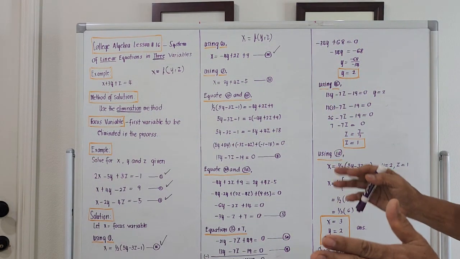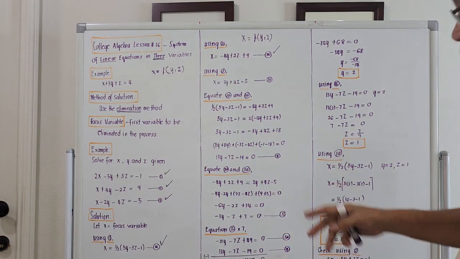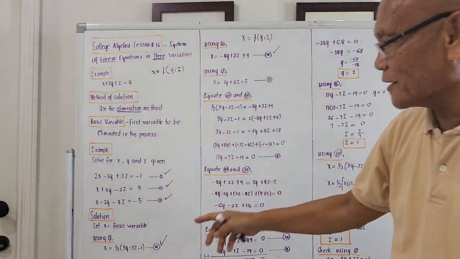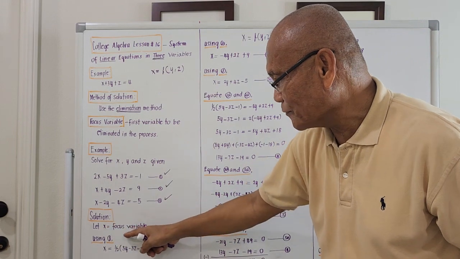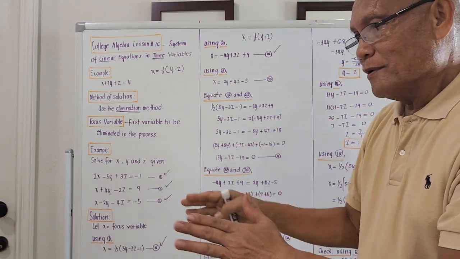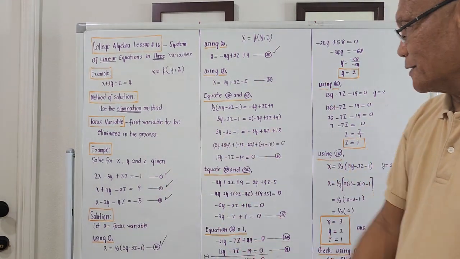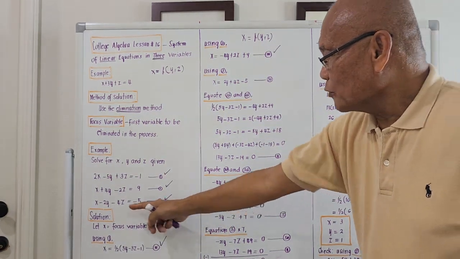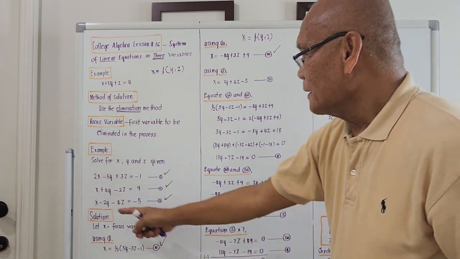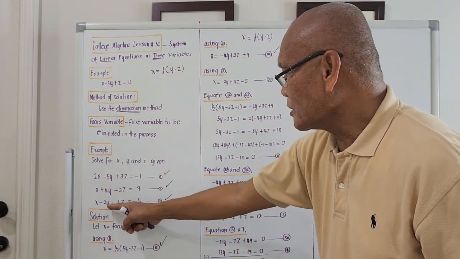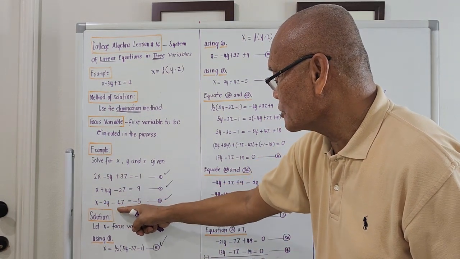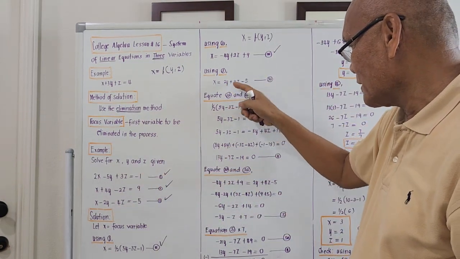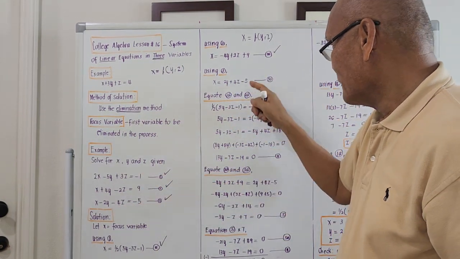So the one we are eliminating actually is x. That's why I put it here. We will put x to be equal to the focus variable, the unknown to be eliminated first. Using equation number 3, again, we will compute for x. x will be equal to, we transpose this minus 2y and minus 4z, so it will become 2y plus 4z minus 5.